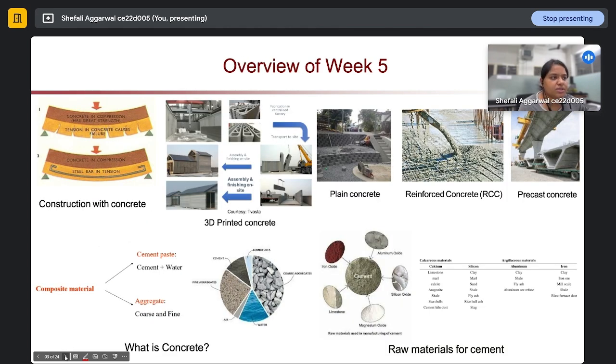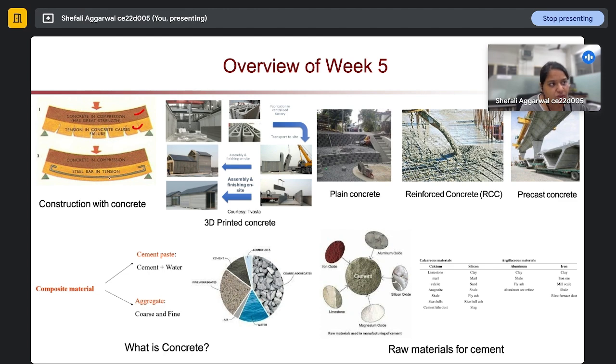So if we start with the basic thing, when we are constructing anything with concrete, we know that our concrete is strong in compression, however, it is weak in tension. So if we have to use this kind of concrete in our normal structure, then we provide steel rebars in the tension zone so that our structure is safe in both compression and tension.